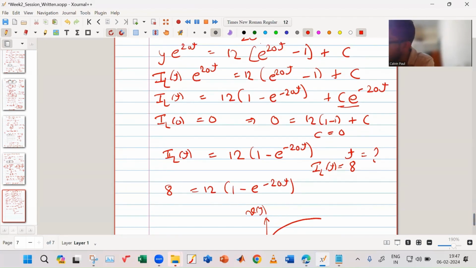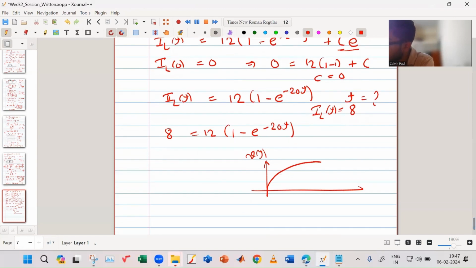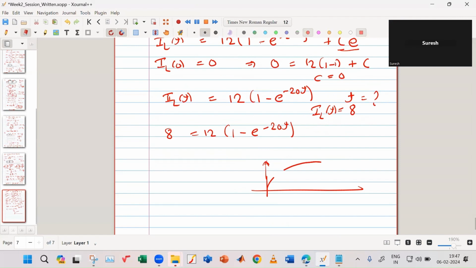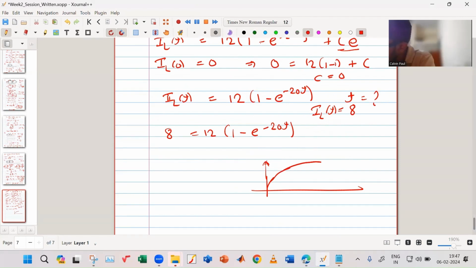This is your current graph, and this is your voltage graph. Your current was initially 0 and it has increased, and your voltage was some value and it is reducing. So you cannot just direct at one particular state when your current is 8 amperes.